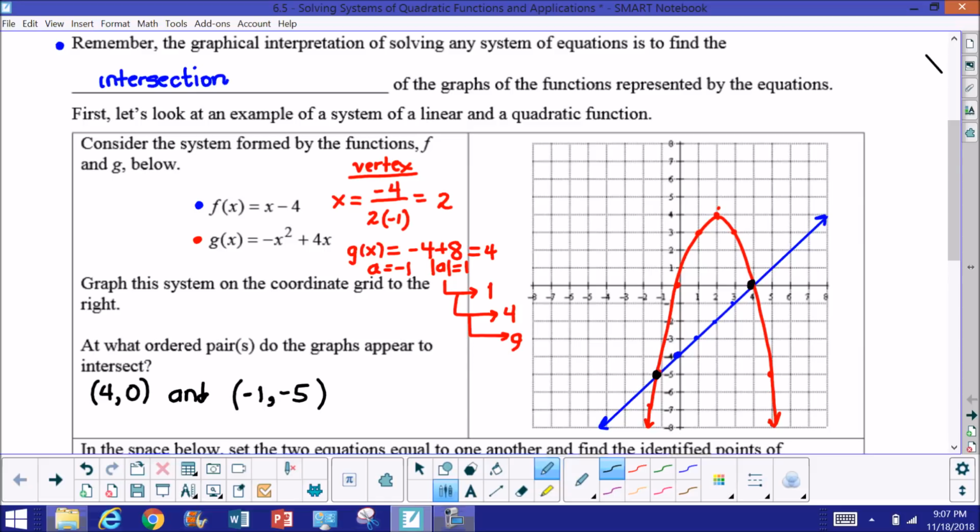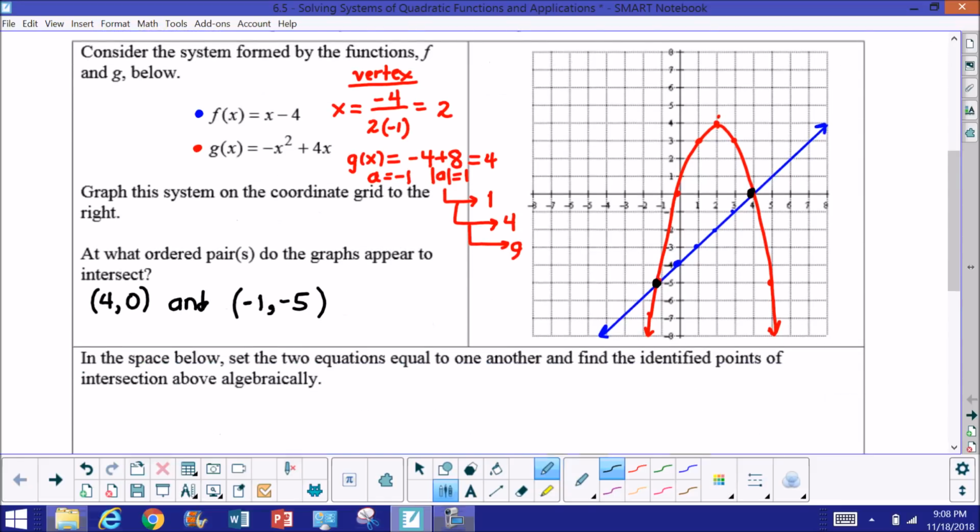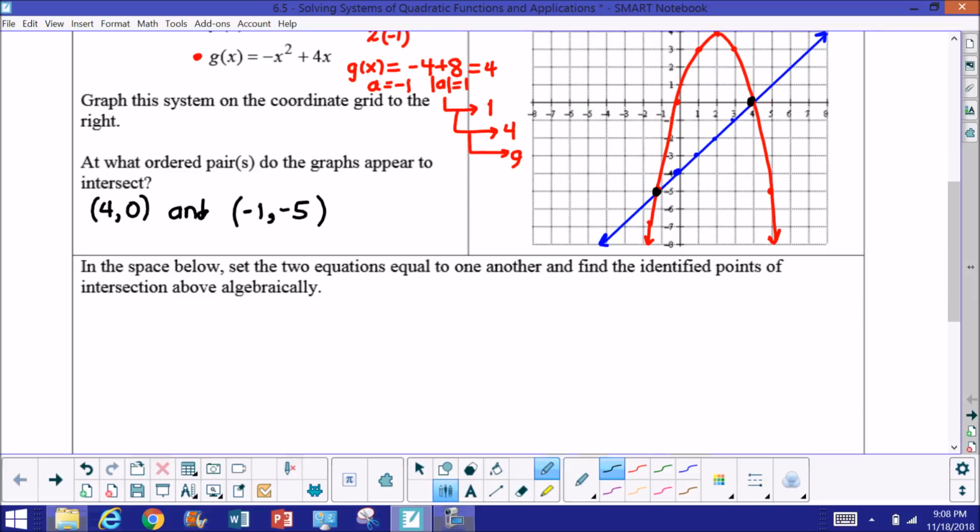And the other thing I really don't like is there is no guarantee that the intersection is going to be nice integer value coordinates. And when that is the underlying answer, then this method is by far and away the worst way to solve.